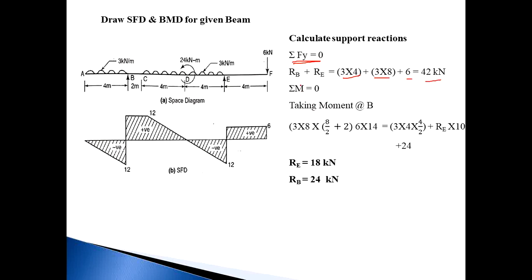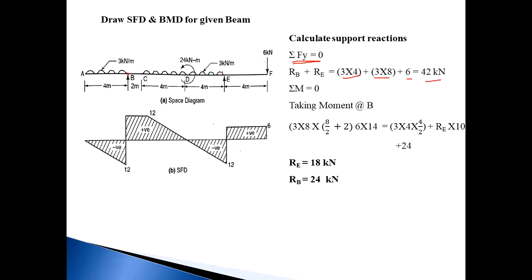Then next, summation M is equal to 0, taking moment about point B. With respect to B, RB will be 0 because the line of action of RB coincides with point B, so there is no moment for RB. Then the UDL between A to B is anti-clockwise.